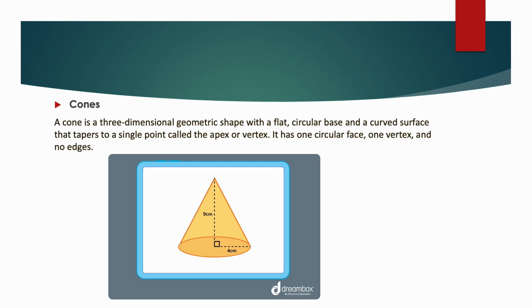A cone is also a three-dimensional geometric shape that has one flat circular base, and its curved surface tapers in and comes to a single point, this apex here at the top.